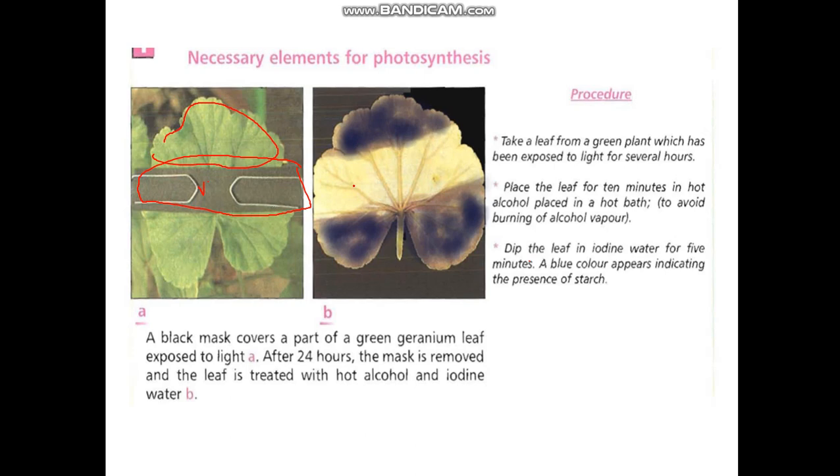After the treatment with hot alcohol and iodine solution, notice the dark blue color appears at the edges. Color it in your book in brown. Okay, dark blue color. What does this mean? Here we had white or yellow color.